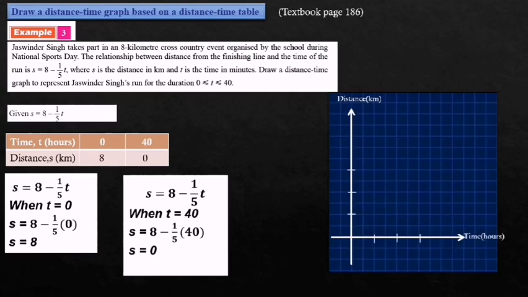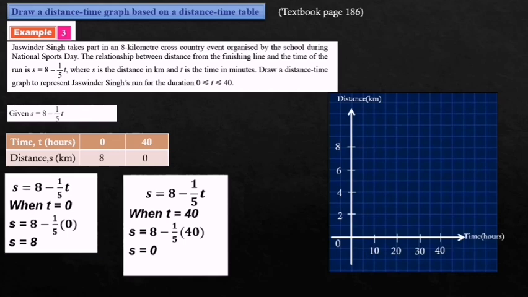The duration is 0 to 40. So when you label the horizontal axis, you start with 0, 10, 20, 30, and 40. For the vertical axis, the total distance is 8 kilometers. So I start with 2, 4, 6, and 8.